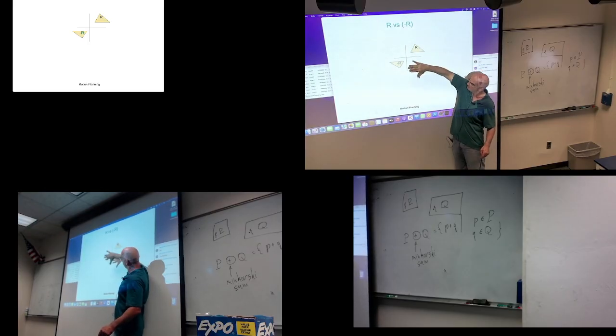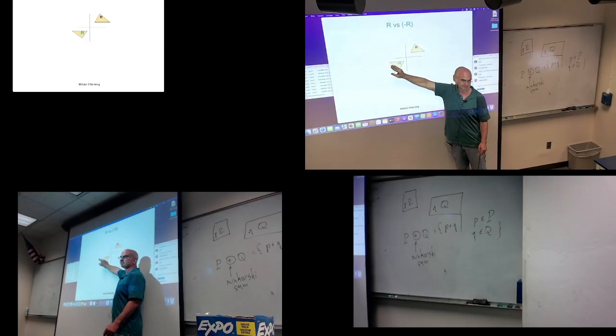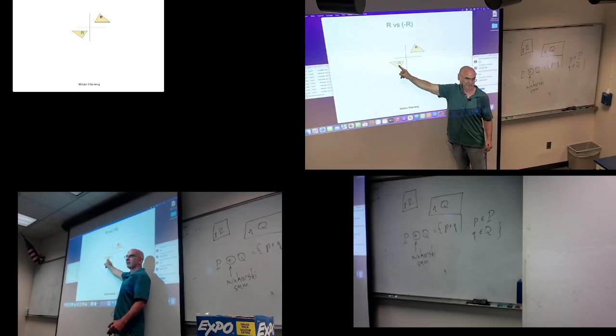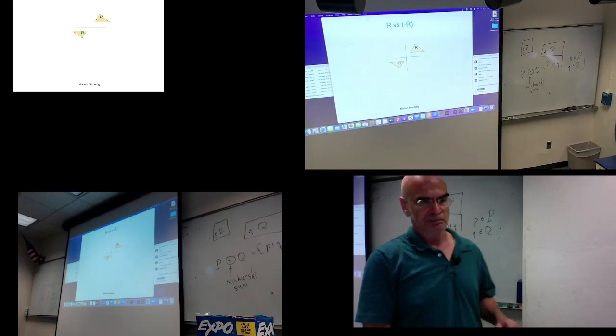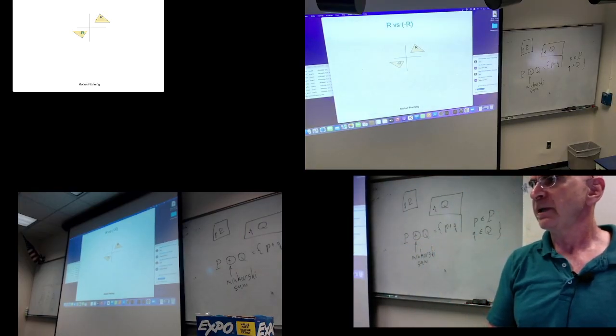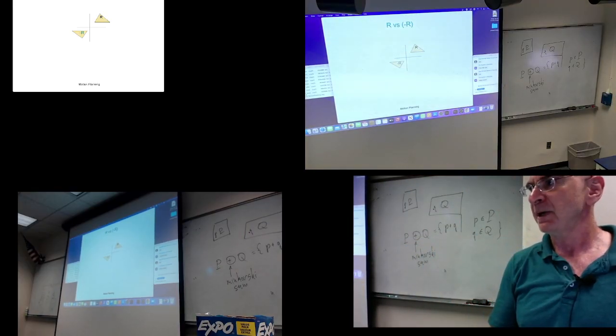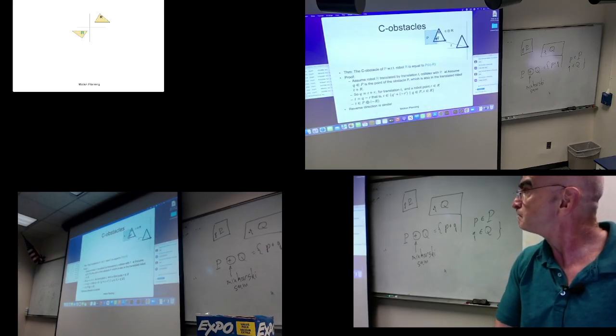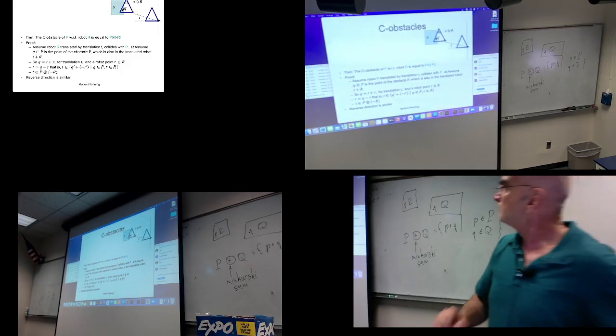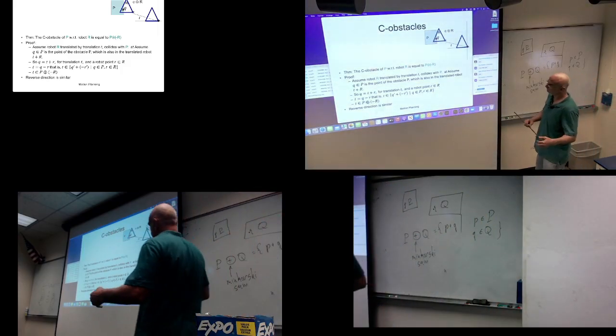It is reflected by both axes. That's just minus of the robot. Everybody understand? Take (x, y), move it to (minus x, minus y) for every point inside the robot.